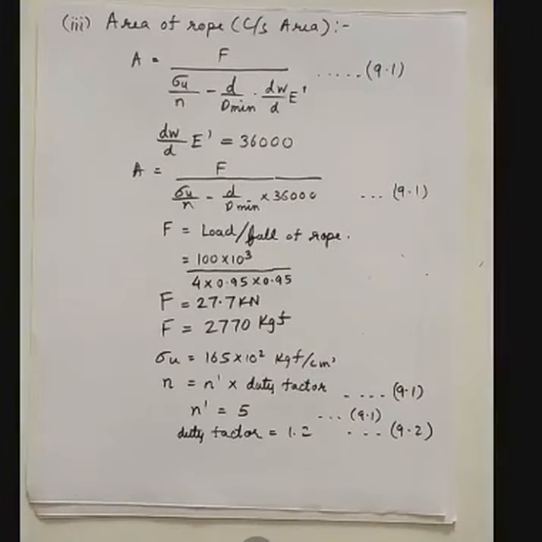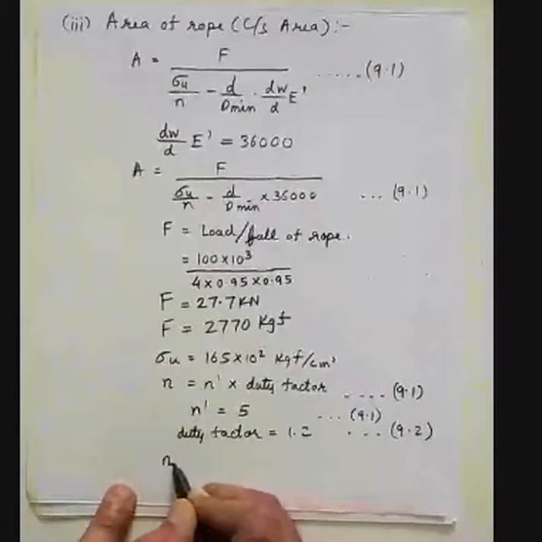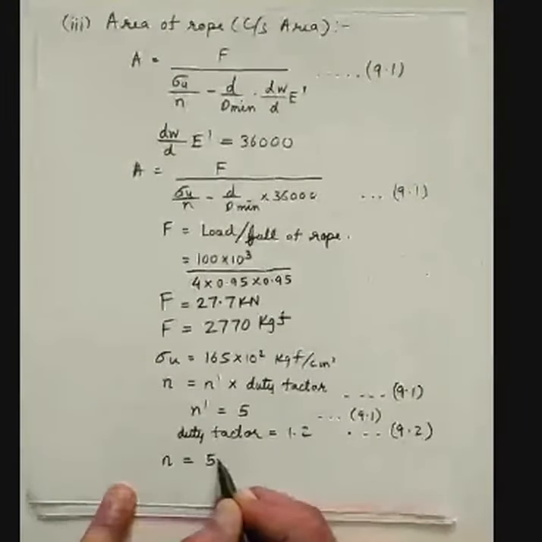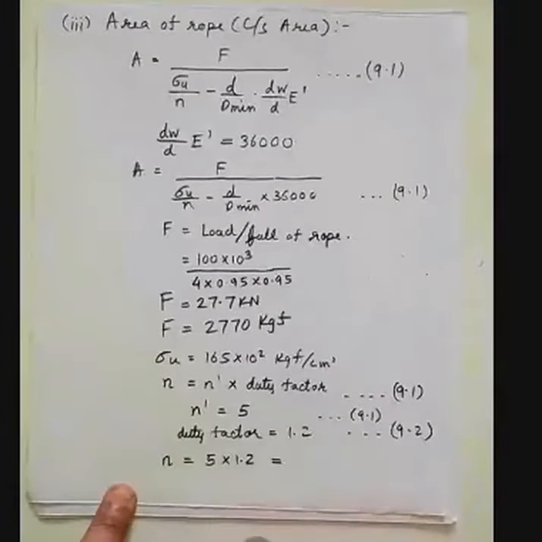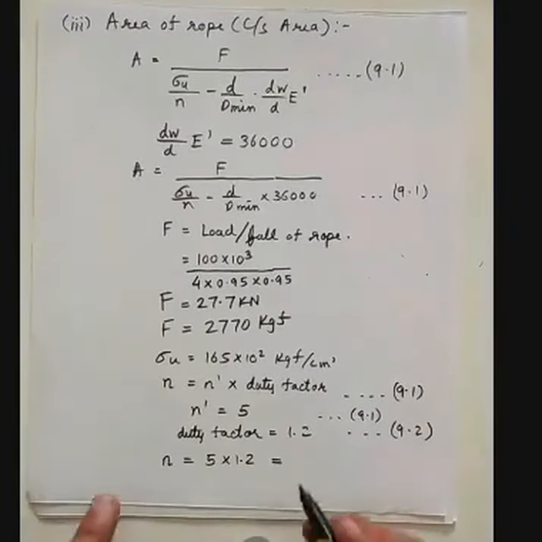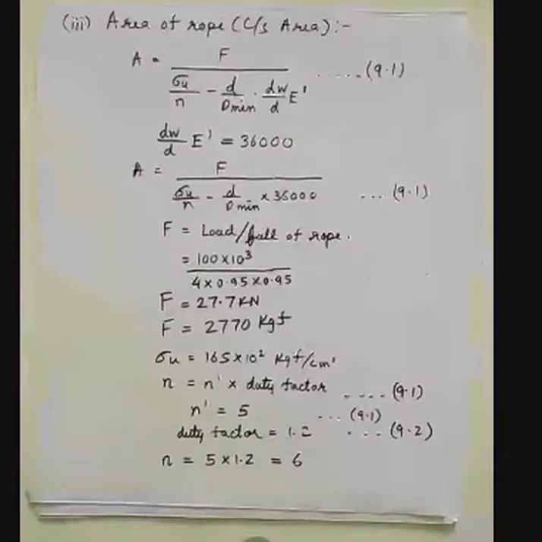After getting all these values, you can multiply N dash and the duty factor to get the value of N. That comes out to be 6. Now we are only left with the ratio of D by D min. Everything is clear till now? Yes, sir.